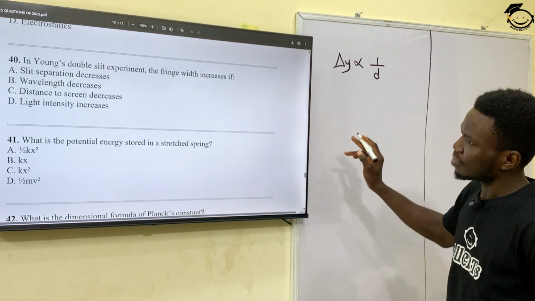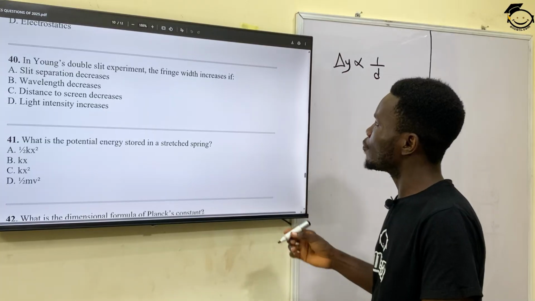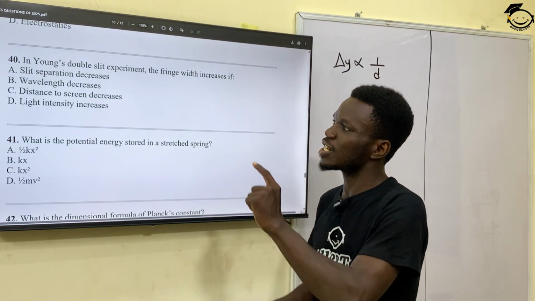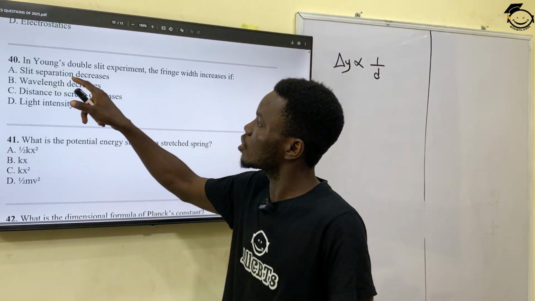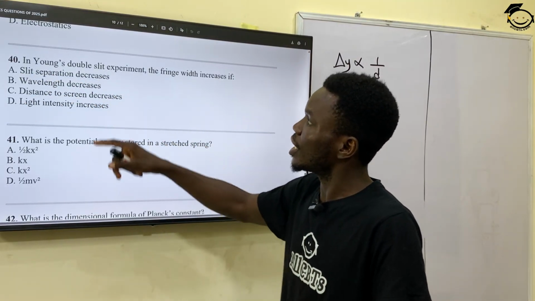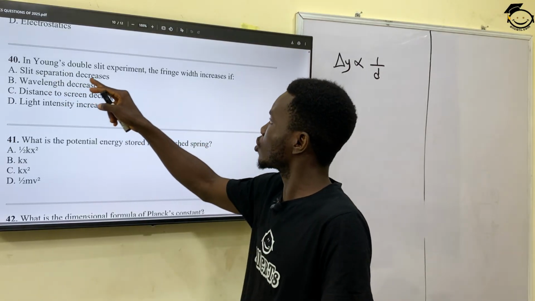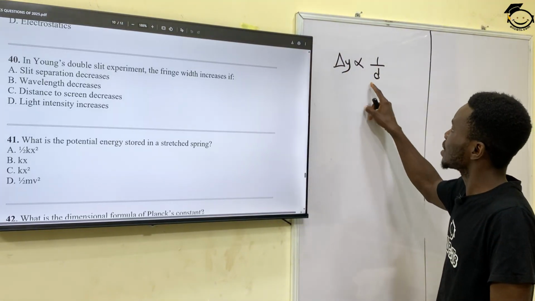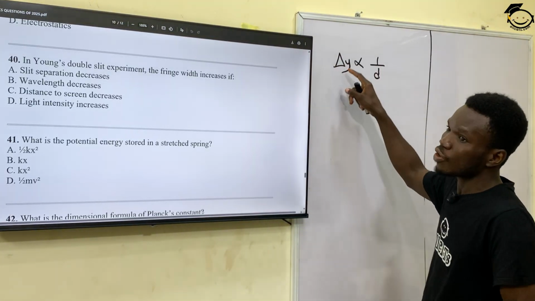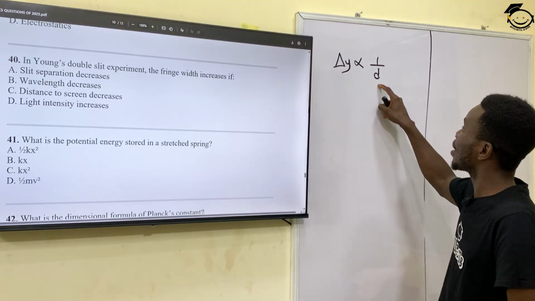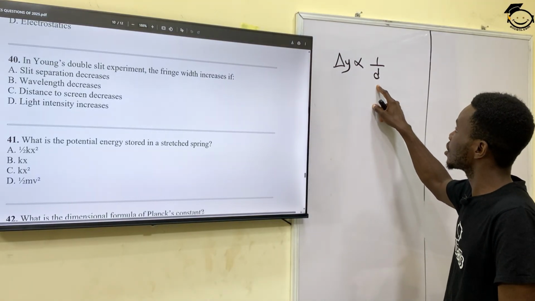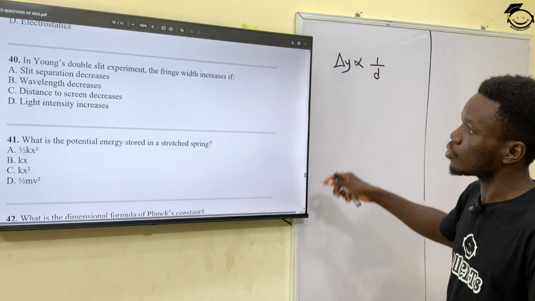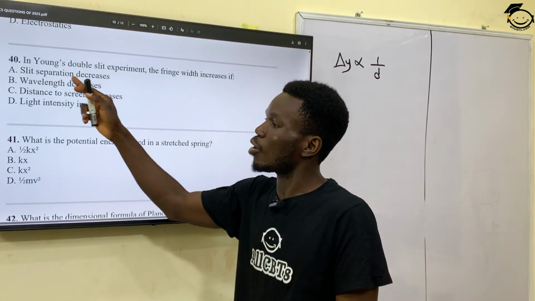So the fringe width increases if the slit separation decreases, which is option A. So when our slit separation d decreases, my fringe width is increasing. If my fringe width decreases, it means the slit separation is increasing. They are inversely proportional. So the correct answer to question number 40 is option A.